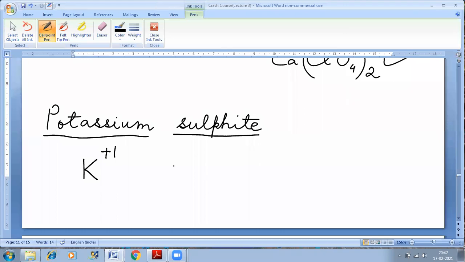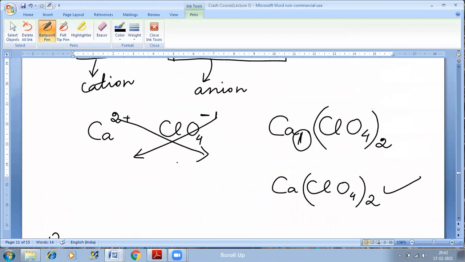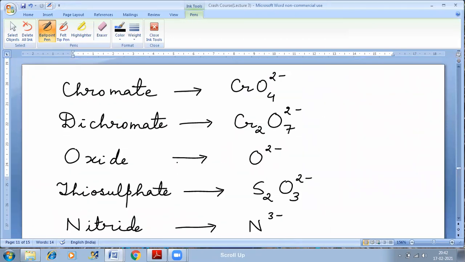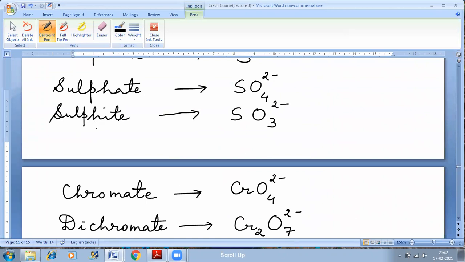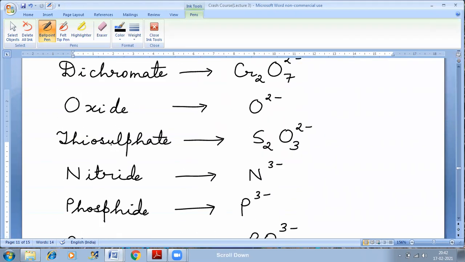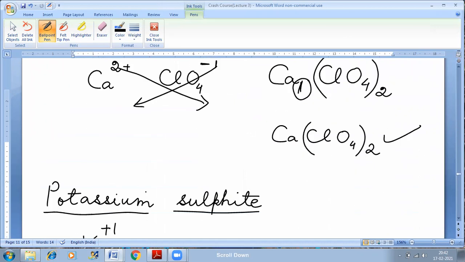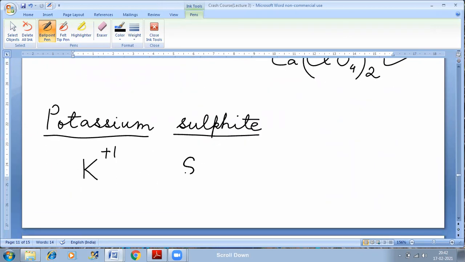And sulfite is the anion. Let's try to find out where sulfite is. Can you see this is sulfite? SO3 2 minus is sulfite. So I'll write that. SO3 2 minus.